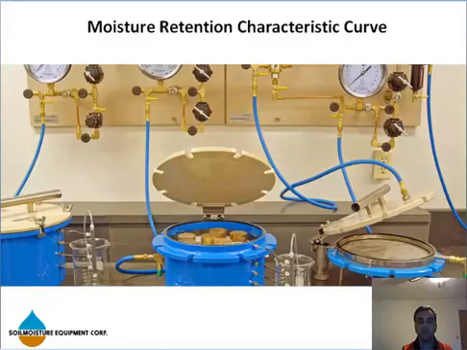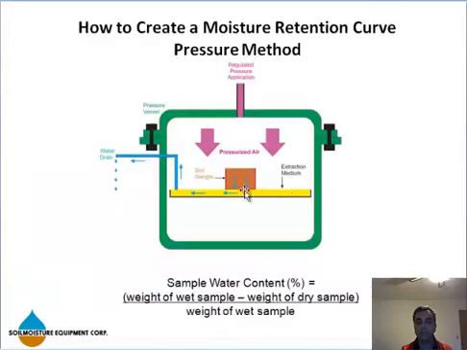So this is a pressure extractor, and then there's a ceramic plate, actually up to 4 ceramic plates can be placed in our regular extractors. So you saturate your sample, place it over the ceramic plate, and now you apply 1 bar of pressure to your extractor.